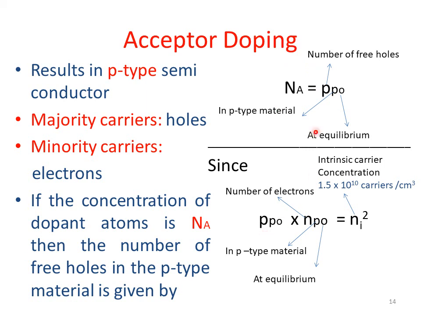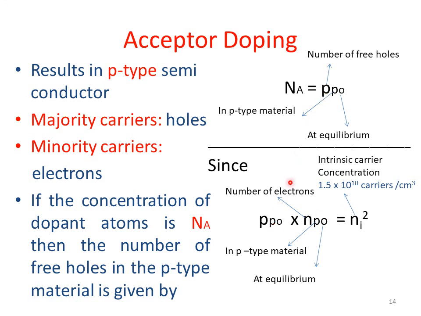Now related to this, let us see the number of free electrons and how they can be represented. The number of free electrons in the p material at equilibrium can be represented as np0, and the product of these, the number of holes and the number of minority carriers in the material, should be equal to ni squared.